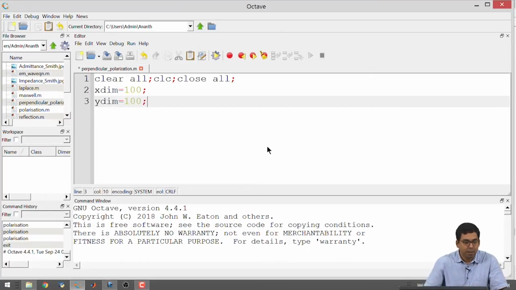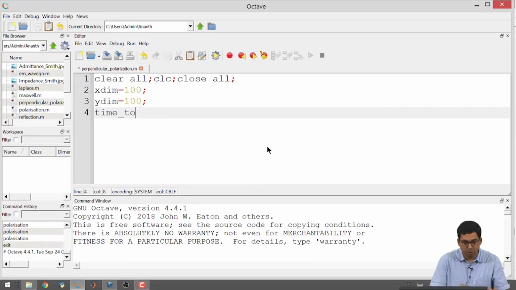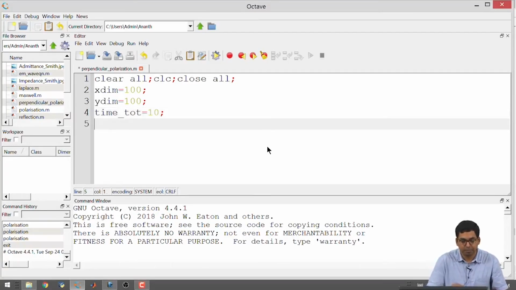So, I have a space which is 100 by 100. I want to start with some total time for which I want to write this program. I will start with some small values to check if my program works correctly, and then I will improve the program as and when we go.